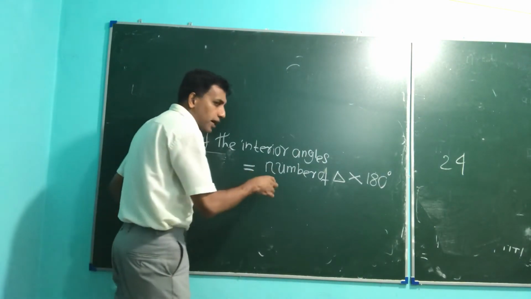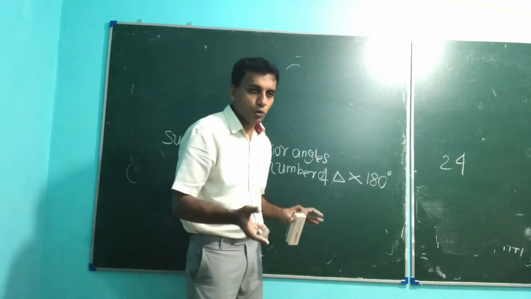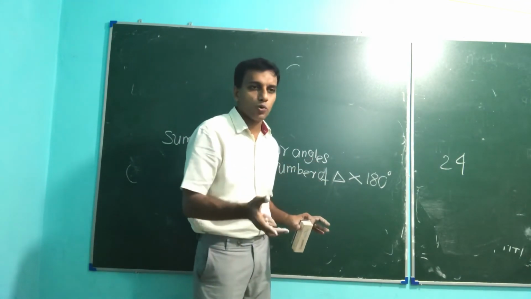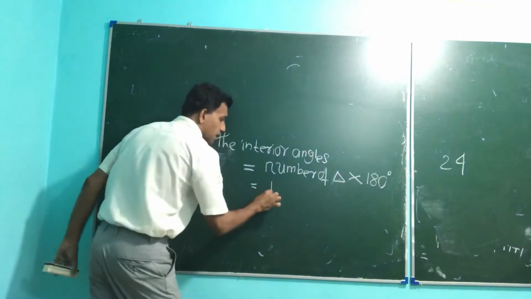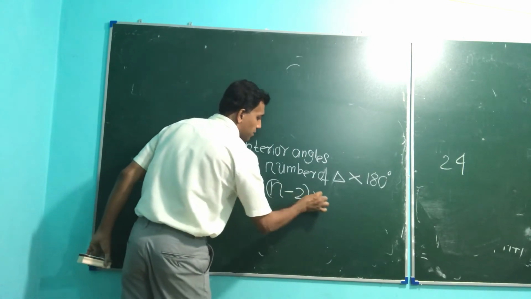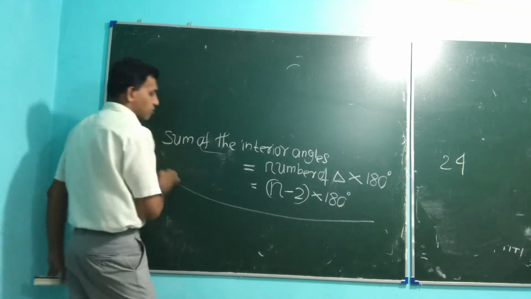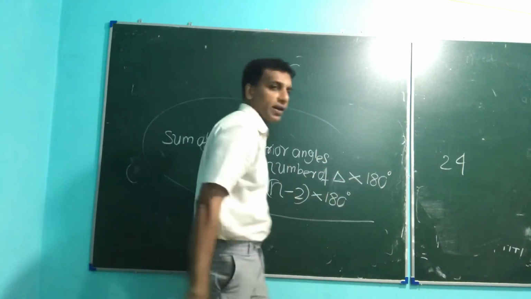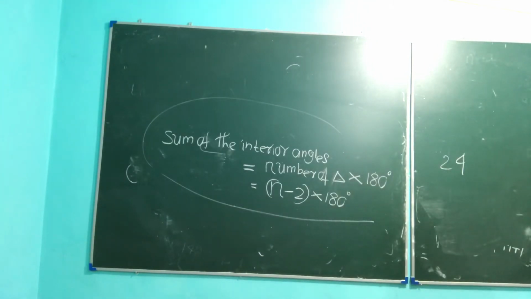So how to find the number of triangles? 10 sides subtract 2, 5 sides subtract 2, 3 sides subtract 2. So n sides, subtract 2, and this is multiplied by 180 degrees. This is the formula here, right? The general case. So I covered the 2 pages that were marked in your book, right?